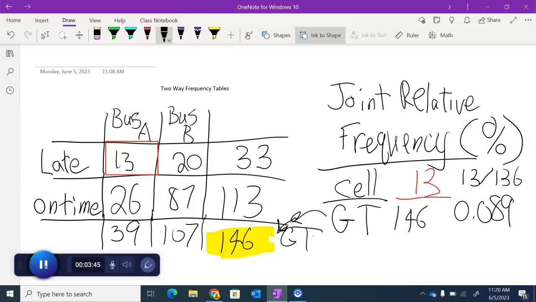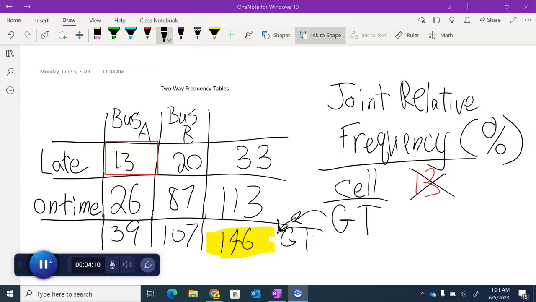To give it a percentage sign, we multiply it by 100 or move the decimal over 2 places and we get 8.9%. Bus A was late 8.9% of the time. That is a joint relative frequency.